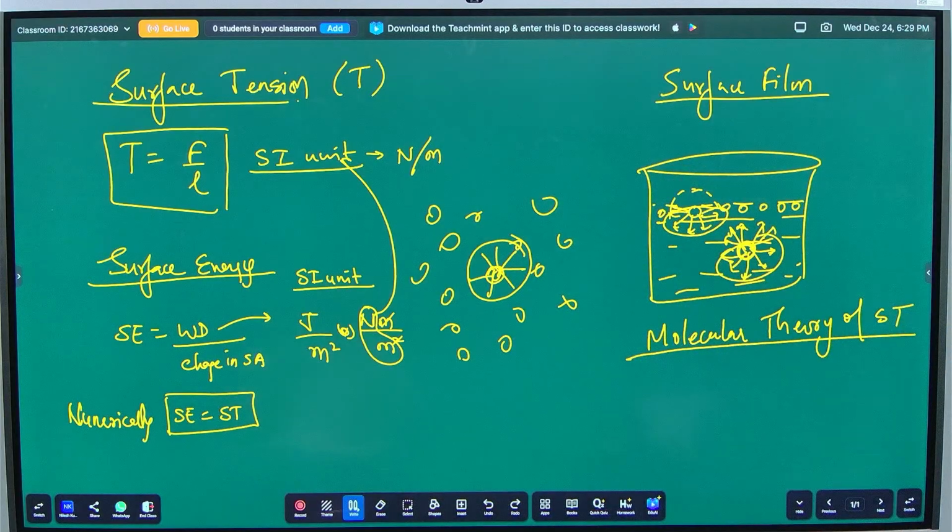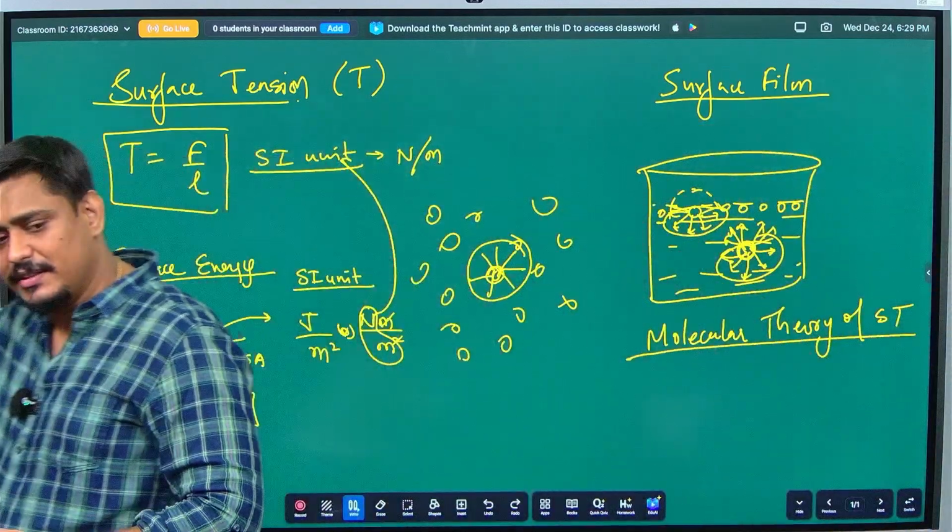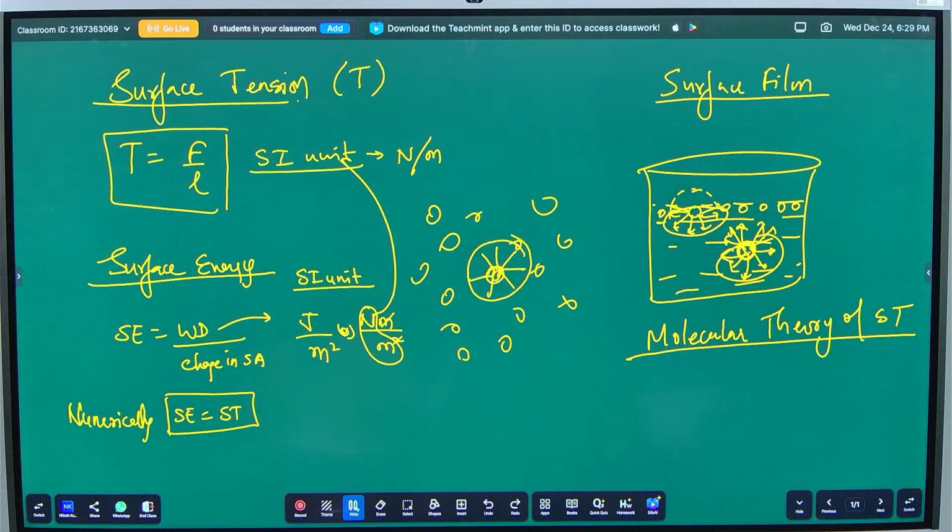A mercury drop of radius 1 centimeter is broken into 10 lakh droplets of equal size.